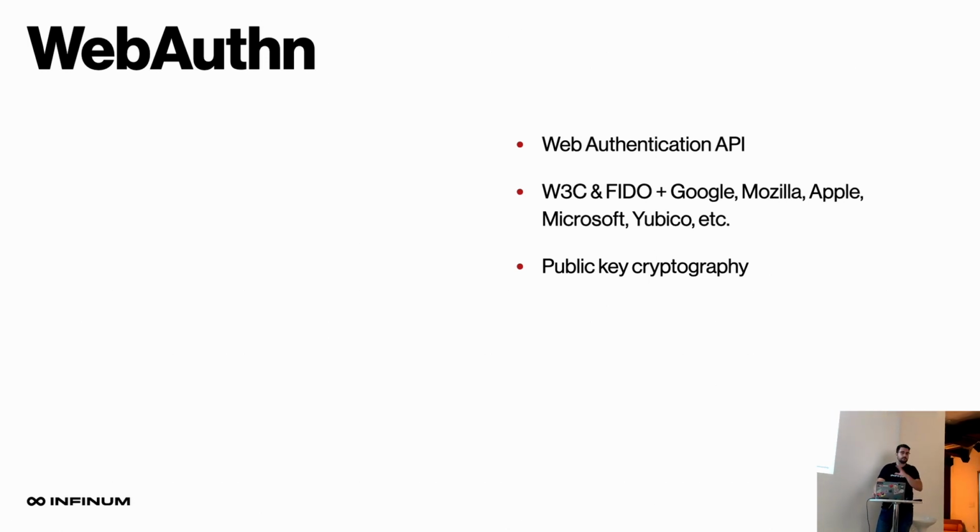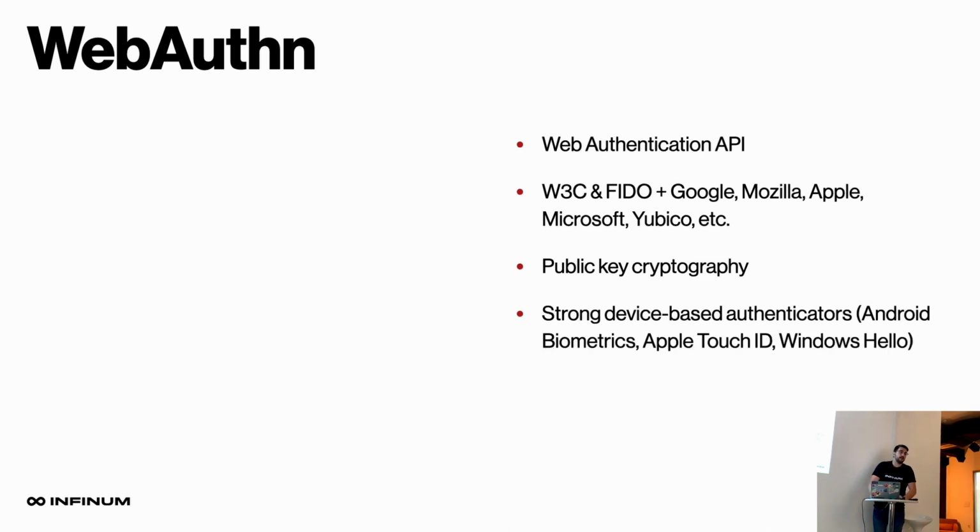You all know what public key cryptography is. It's nothing more complex than that. And with it being so safe, so used and so standardized, it can easily be used within the standard.